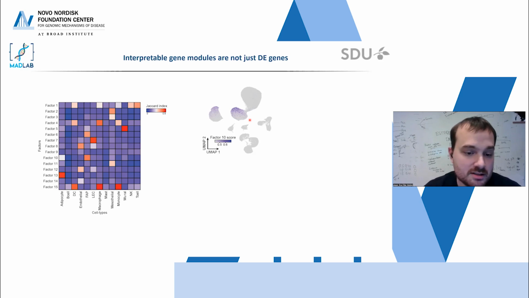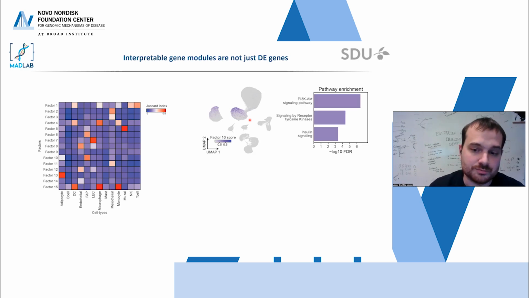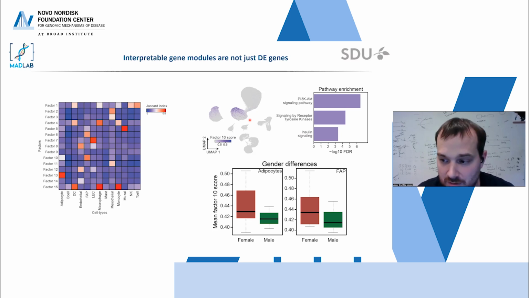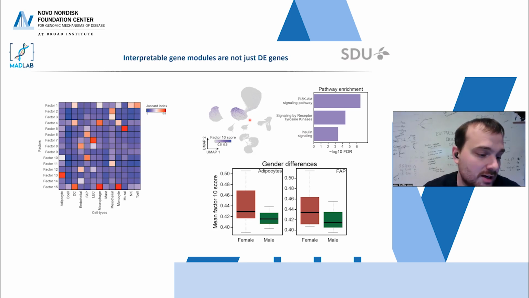And if we look at the genes associated to this module, we can see that it's genes associated to insulin signaling. And if we score it by gender, we can see that these genes are particularly highly expressed in females compared to males, which is consistent with knowledge that the insulin sensitivity of adipose tissue is higher in females than males.